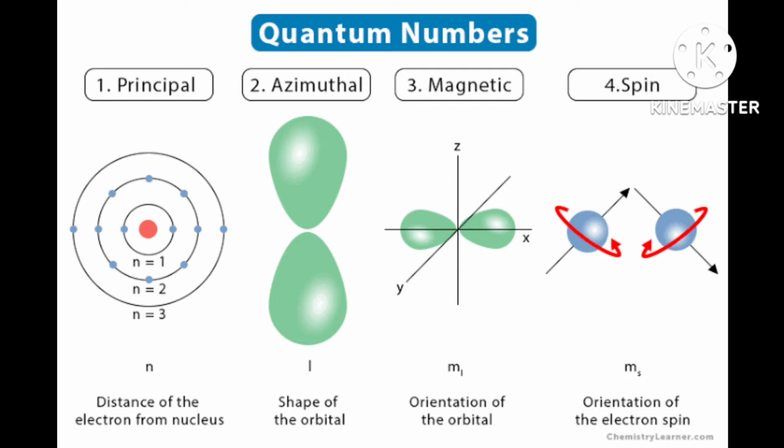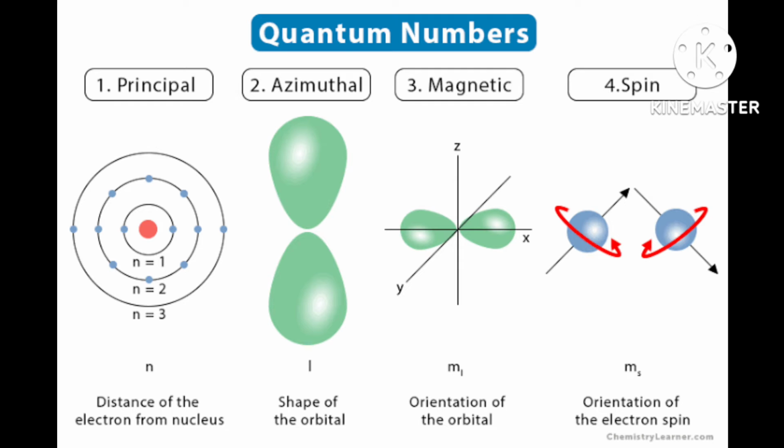Suppose its value is 0, that is the S. Then the name of the subcell and the orbital will be the same. S subcell, S orbital. P subcell, P orbitals. D subcell, D orbitals. F subcell, F orbitals.